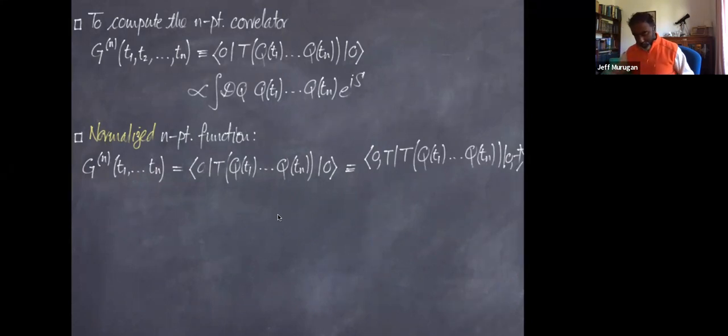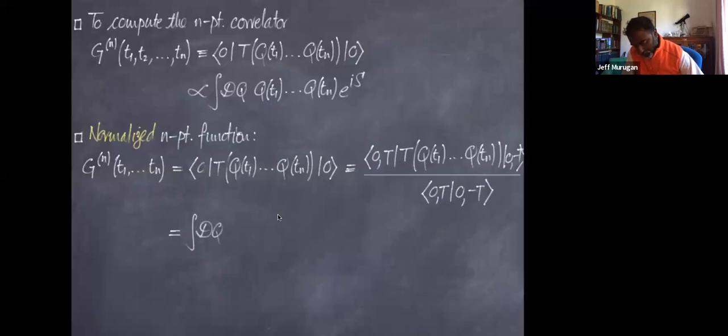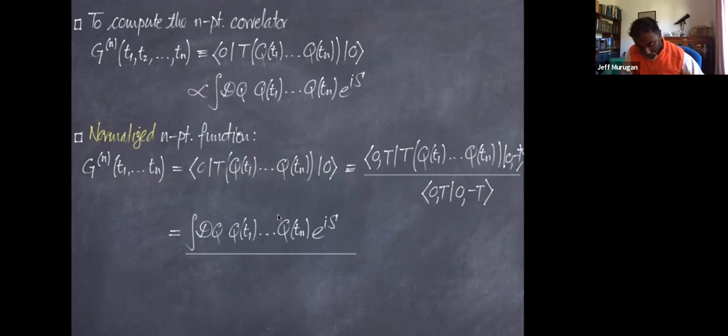And I normalize by dividing this through by 0 T 0 minus T. And this is going to be precisely the path integral: the integral over states Q of T1 through Q of Tn, e to the iS, divided by the path integral over Q of e to the iS.